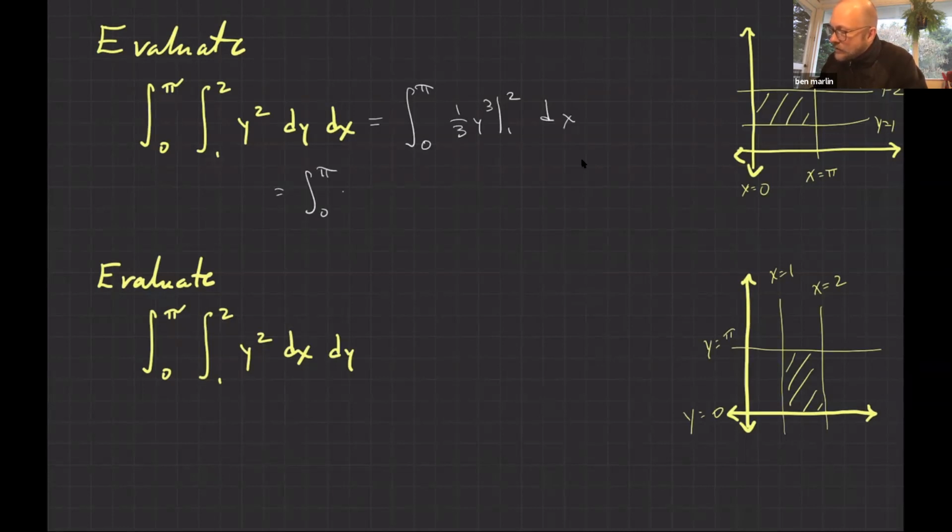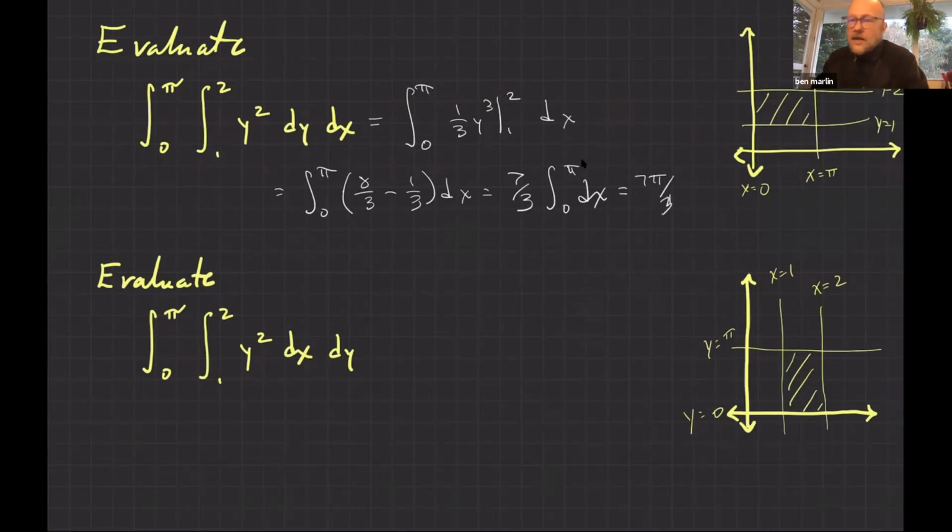And when we plug those in, we would end up with an 8/3 minus 1/3, or in other words, a 7/3. And then you do this integral 0 to pi dx. There's no function in there. That does not mean it's 0. That means it's 1. When you integrate 1 from 0 to pi, you get pi. So we get 7 pi over 3 for our answer there.